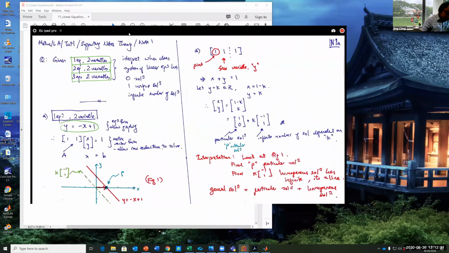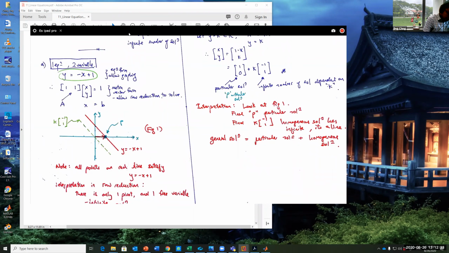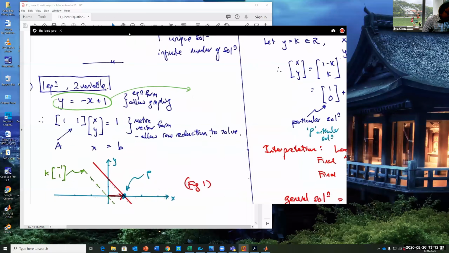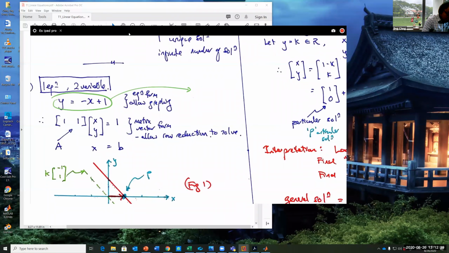So let's graph this. How do we graph this? We know it's a line. So we say let x equal 0, y equals 1. Let y equal 0, x equals 1 as well.